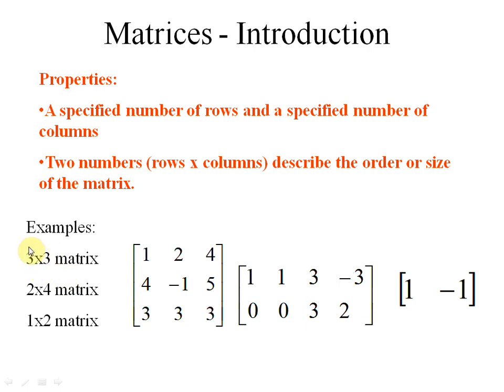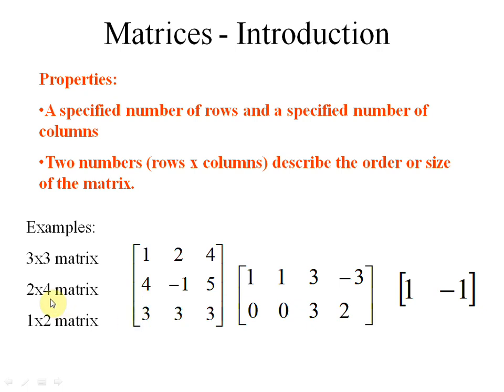Multiplying 3 by 3 gives 9, so the first matrix has 9 elements. The first row is 1 2 4, the second row is 4 minus 1 5, the third row is 3 3 3.